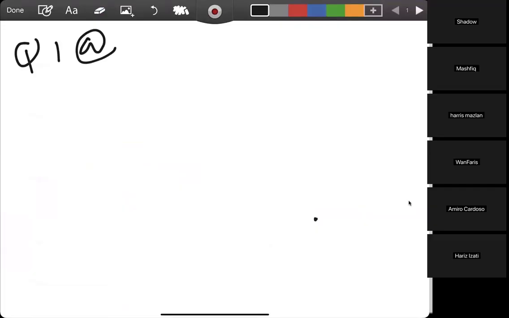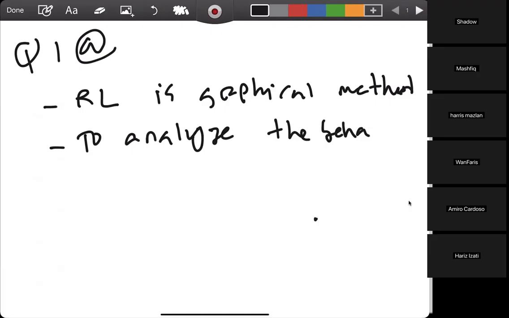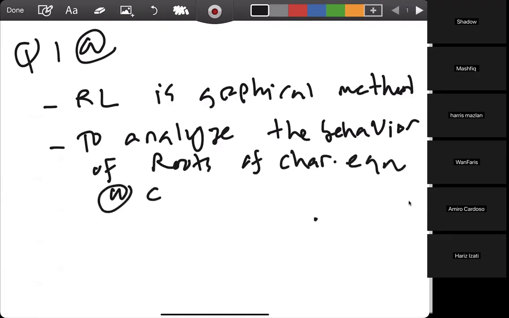You can see that our root locus is a graphical method to analyze the behavior of roots of the characteristic equation, or closed loop poles.